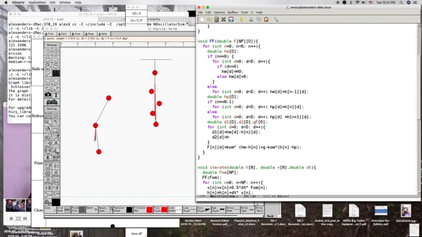h_n of d minus h_p of d, right? In fact, we should be a little bit careful.